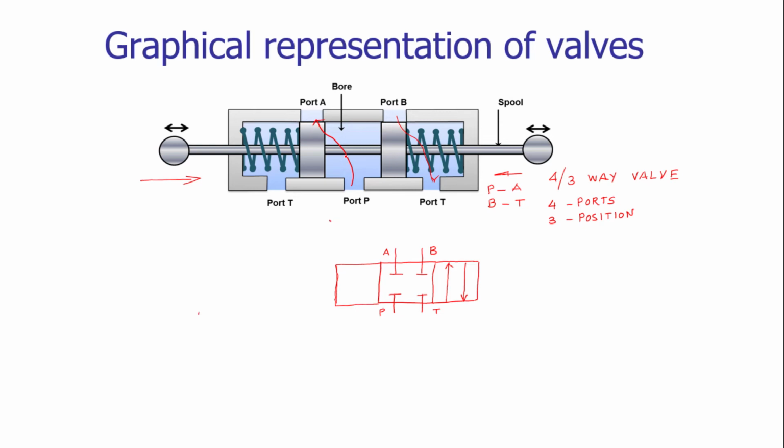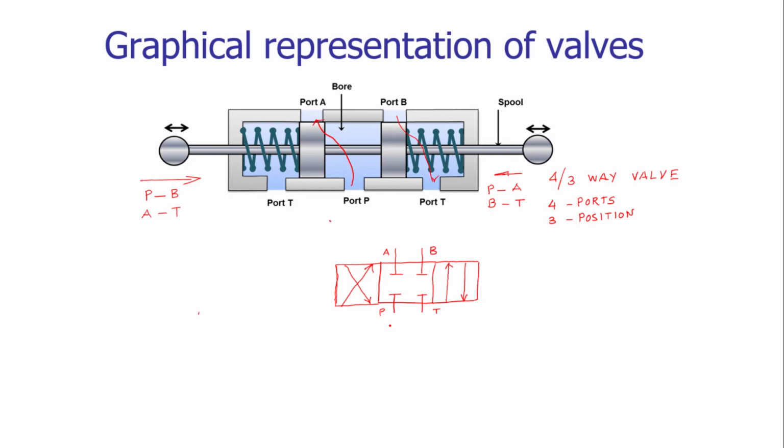Now when we are pushing the spool from left to right, power port P will be connected to application port B and application port A will be connected to tank port T. P to B, just draw, and from A to T. So this is the representation of 4 by 3 way valve.